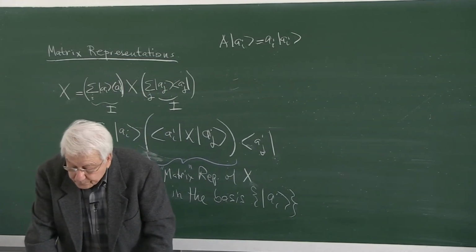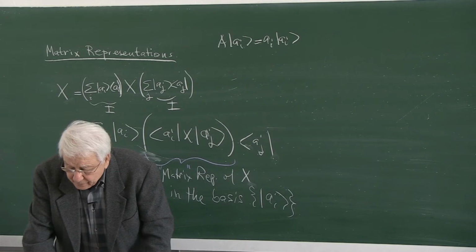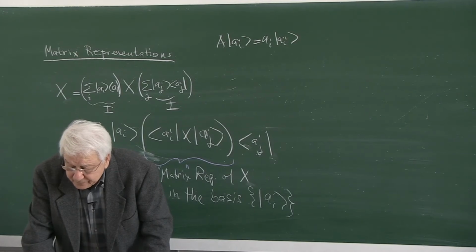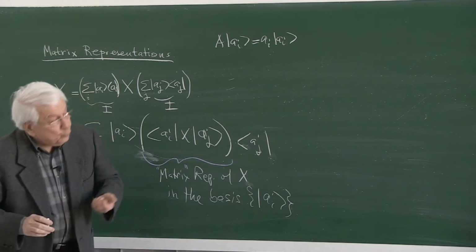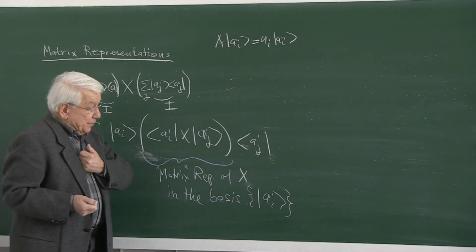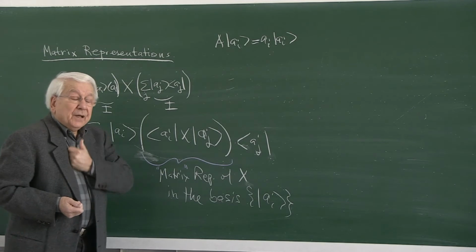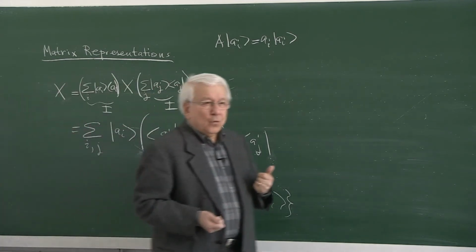So let's proceed a little bit. For instance, how do I define the Hermitian adjoint in this matrix representation form?